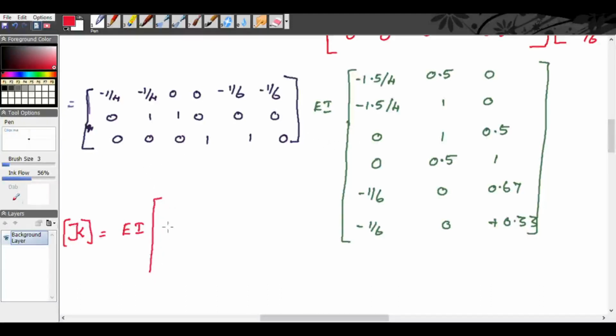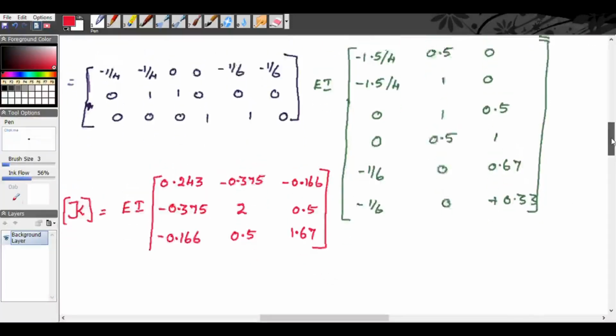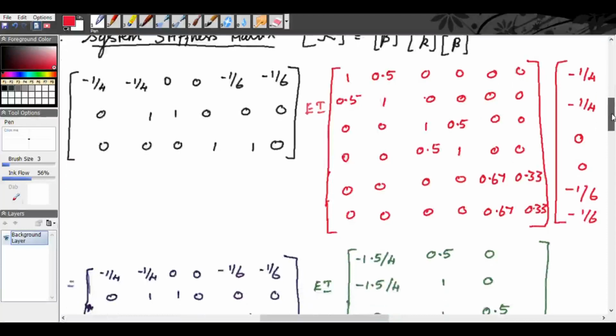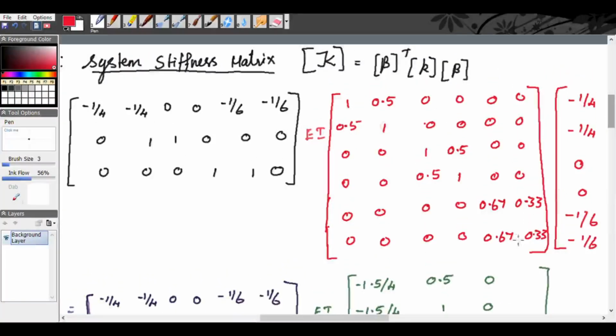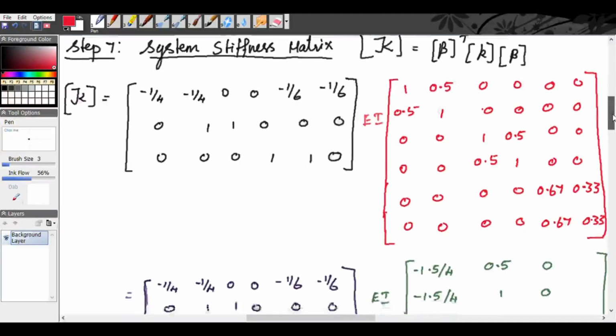So you get EI into 0.243, minus 0.375, minus 0.166, minus 0.375, 0.5, minus 0.166, 0.5, 1.67. Okay, so this is our step 7, determination of the system stiffness matrix.